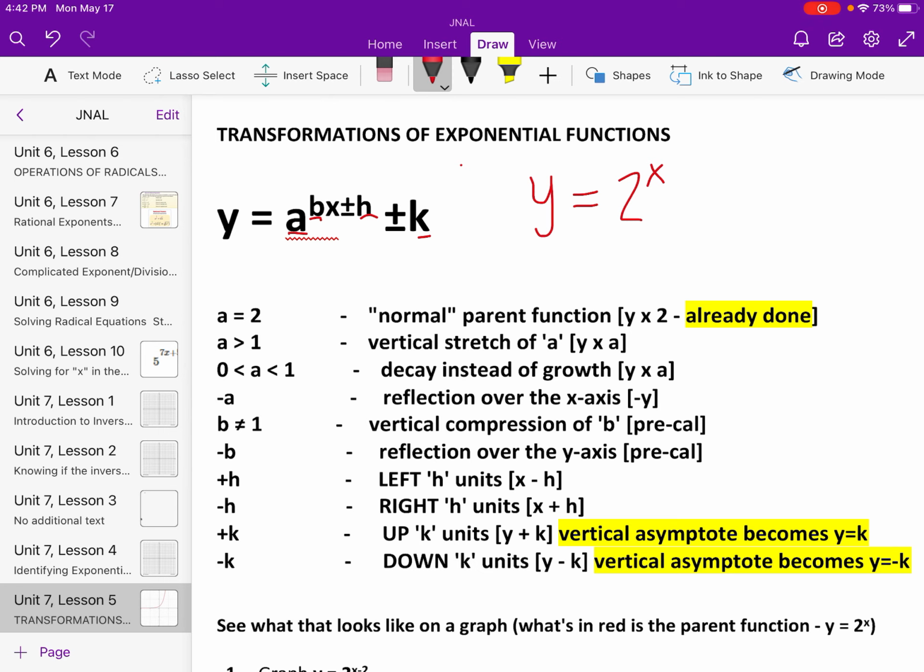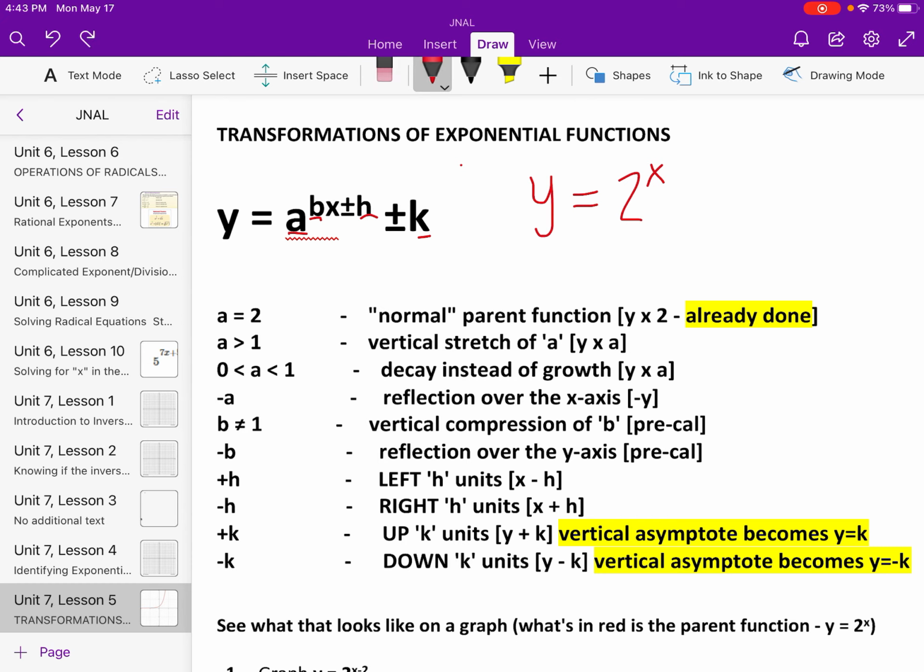Okay, so what about h and k? Well, h and k are just like it was for other functions. If you have positive h, it's left. That's something that seems confusing, because you usually think positive is right. Once again, it's because if you were to set this equal to 0, then h would be negative anyways. But you can just remember that positive means left h units.